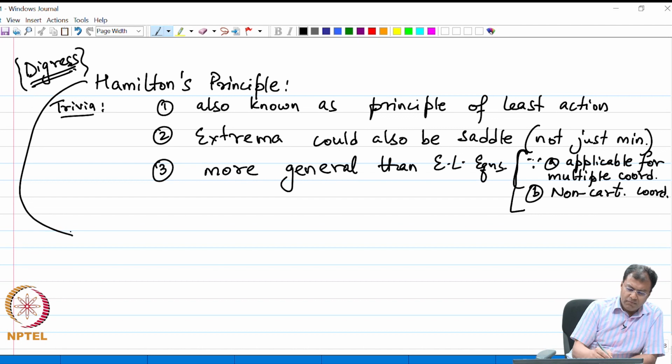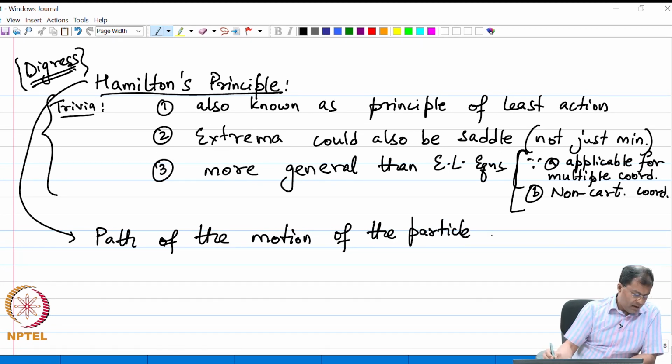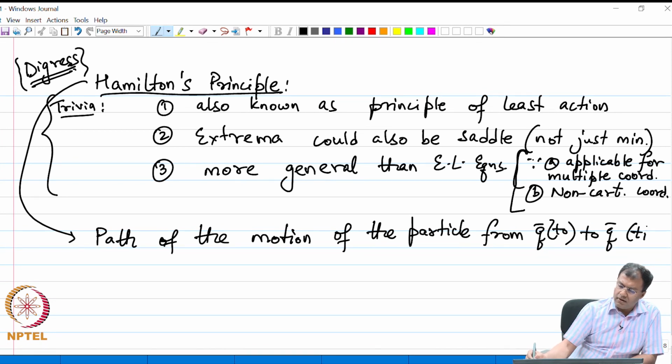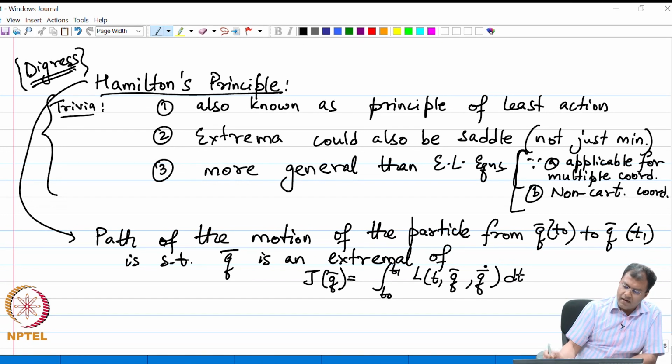Now, coming back, so what is Hamilton's principle? Hamilton's principle says that the path of the motion of the particle from, let us say, q bar of t naught to q bar of t 1 is such that q bar is an extremal of the form J of q bar is equal to the integral from t 0 to t 1 of L of t comma q bar, q bar dot dt, right.